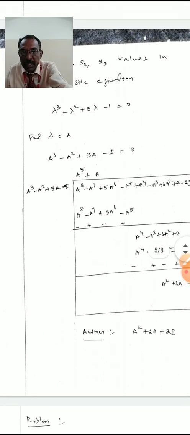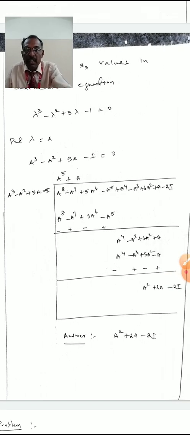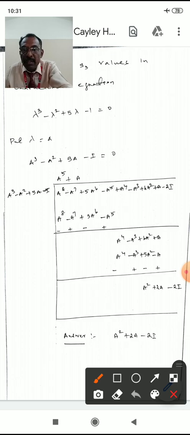First we take A power 8 minus A power 7 plus 5A power 6 minus A power 5 plus A power 4 minus A power 3 plus 6A squared plus A minus 2I. Divide by the Cayley-Hamilton equation, A power 3 minus A squared plus 5A minus I. First do the multiplication of A power 5 with the Cayley-Hamilton equation. We get A power 8 minus A power 7 plus 5A power 6 minus A power 5.